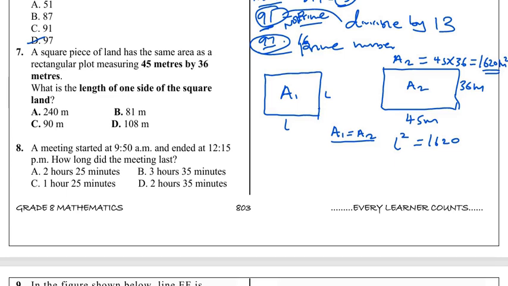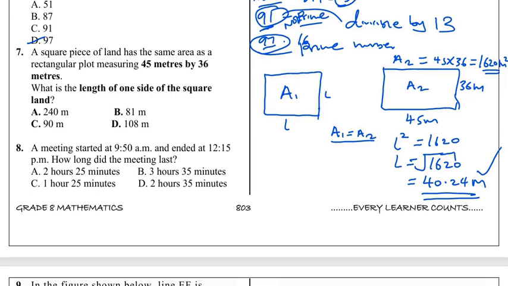So L should be square root of 1620. Can check for L. Square root of 1620, I'm getting 40.24 meters.